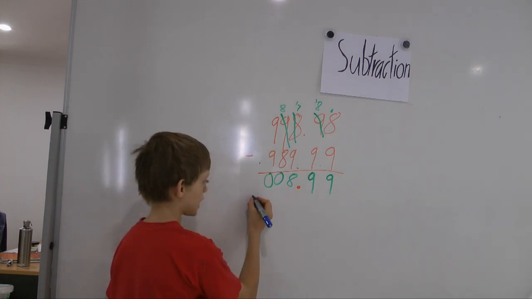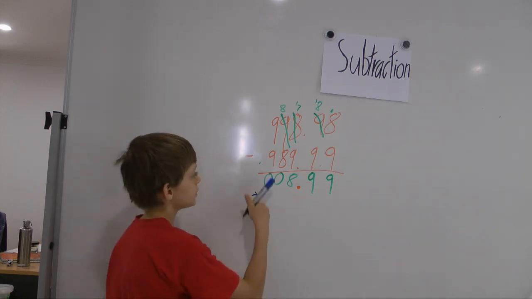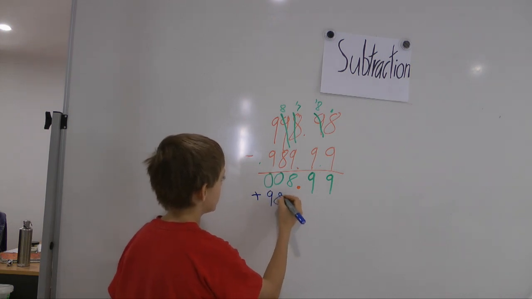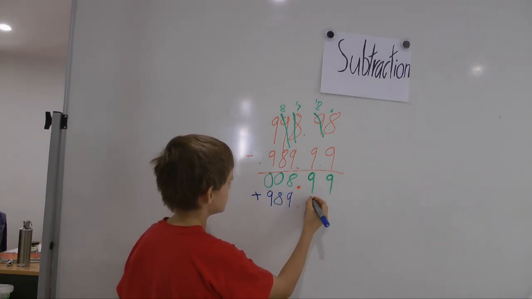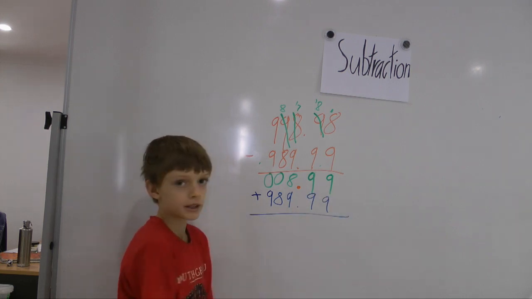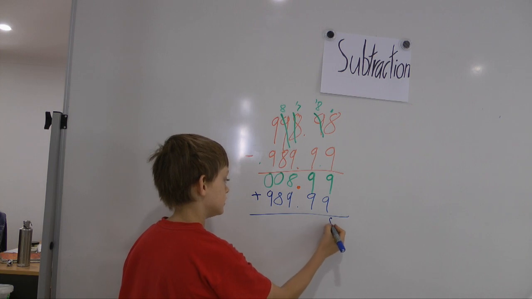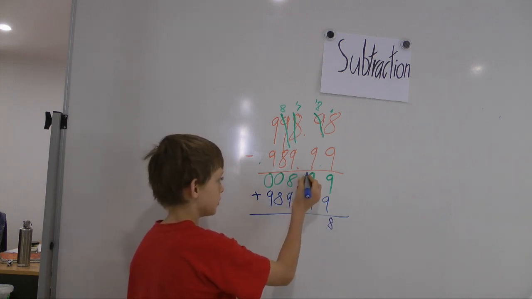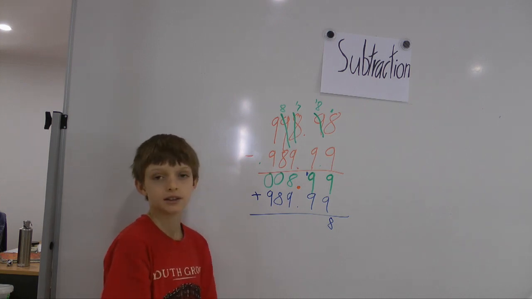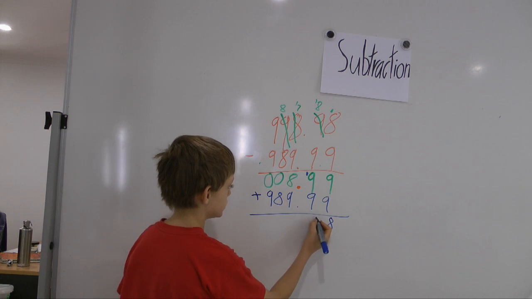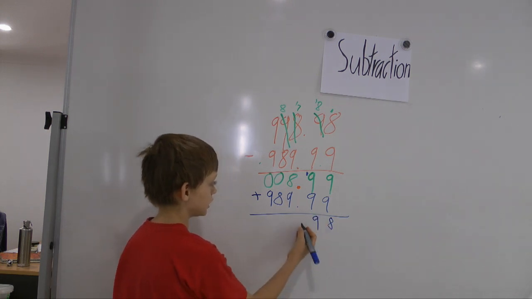Now, just like in our other video, you plus the bottom number, which is 989.99. 9 plus 9 is 18. You can only have one digit in each column, so you put the 1 here. 1 plus 9 is 10, so 10 plus 9 is 19.